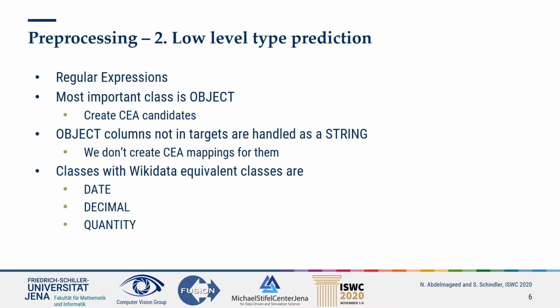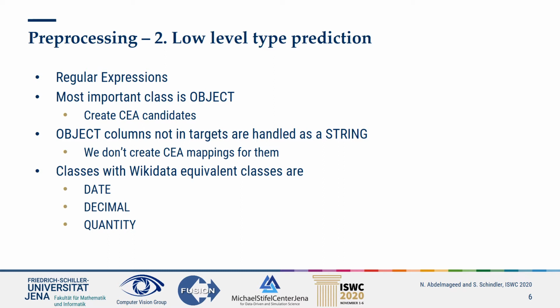The second step is the low-level type prediction. We used regular expressions to distinguish among various types. The most important types are object columns. We create CEA mappings for them. The other important types are those that have Wikidata equivalent types, like date, decimal, and quantity.